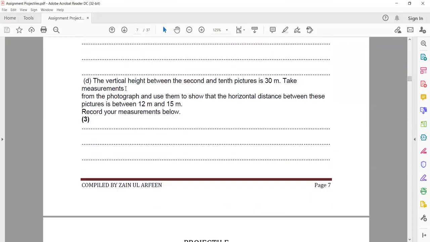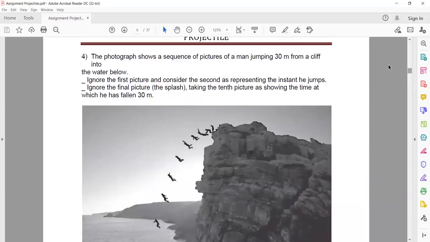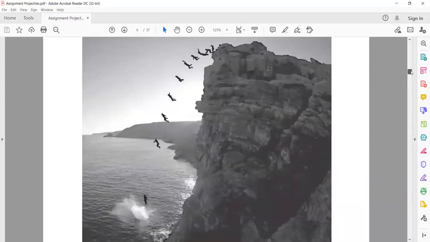Then the vertical height between the second and the 10th picture is 30 meter. Take measurements from the photograph and use them to show the horizontal distance between 12 and 15 meter. Record your measurement below. So basically the actual size is 30 meter.